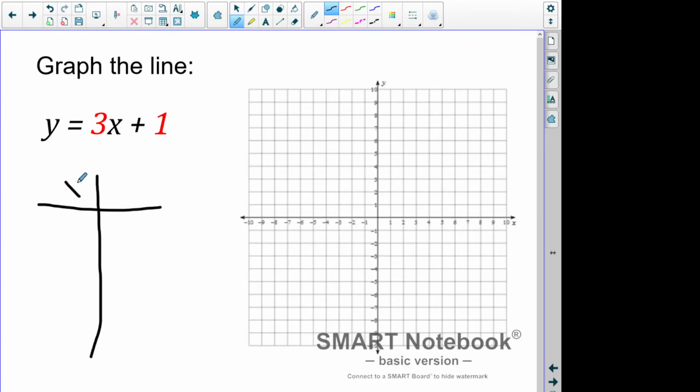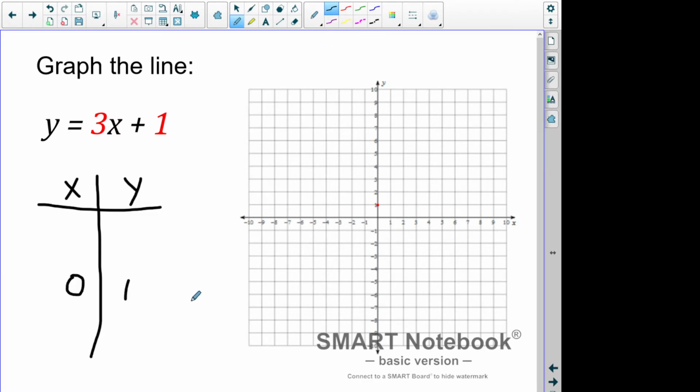If this is my x and this is my y, I'm going to choose some different values for x. If I put 0 in for x, and I'm choosing 0 because it's easy to calculate, I get 1 for y. So I can see where that point is already: 0, 1.